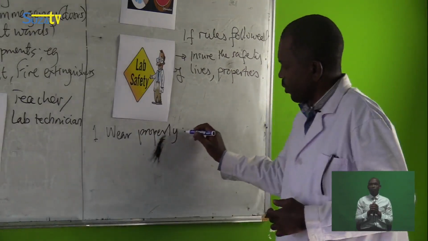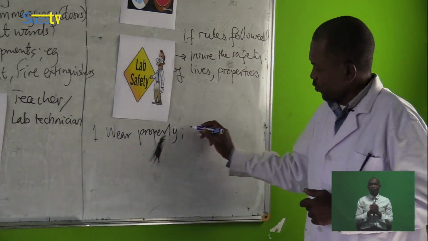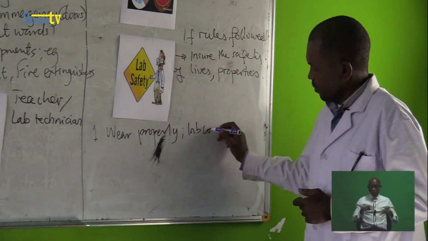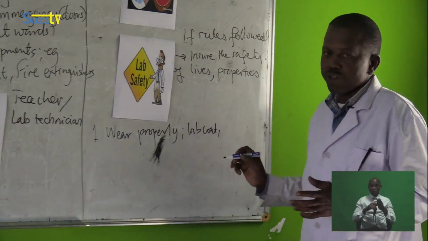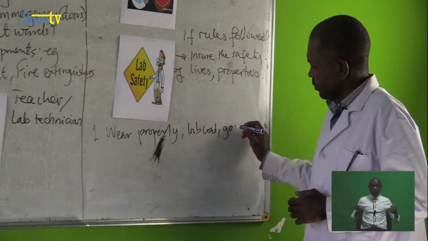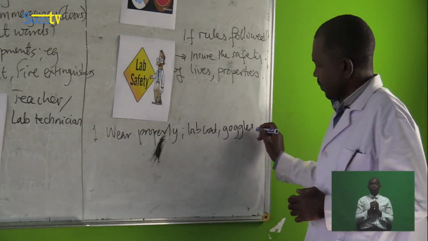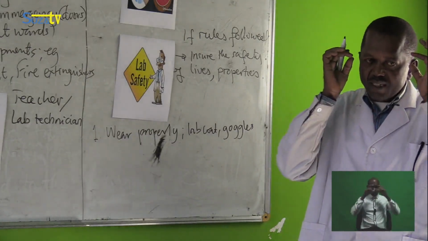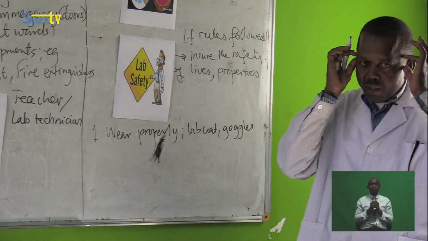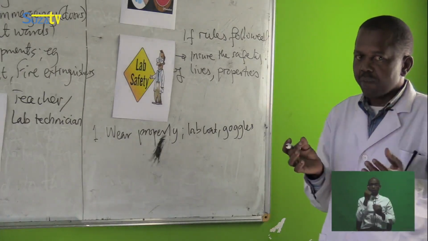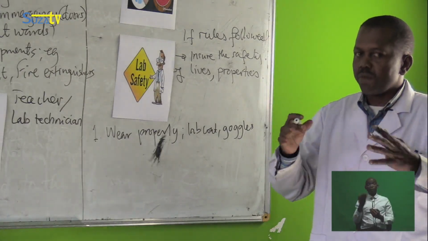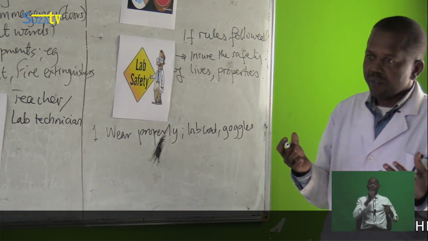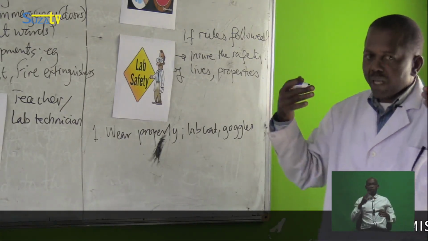If we say we wear properly, it means that first of all we have lab coat. We have also goggles. It is the thing that we wear to protect our eyes from dangerous fumes and some chemicals that may be splashed back.